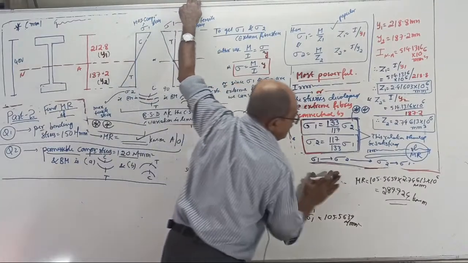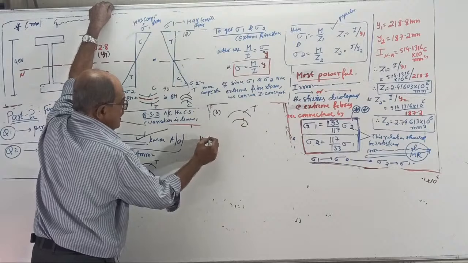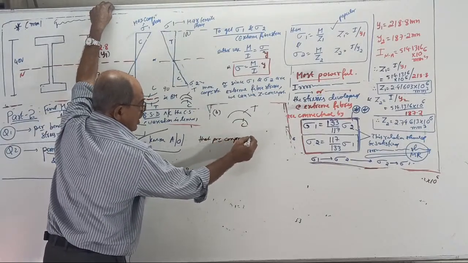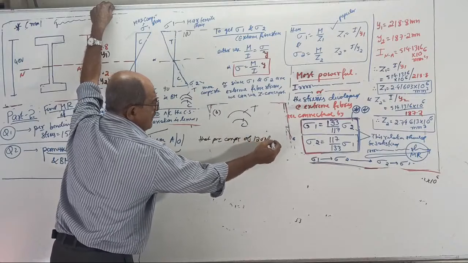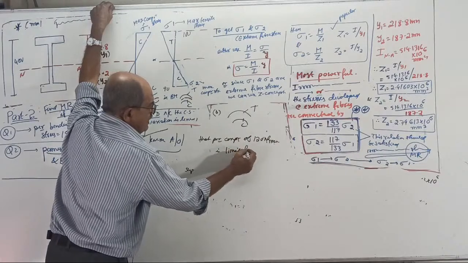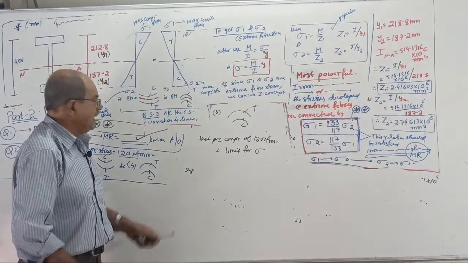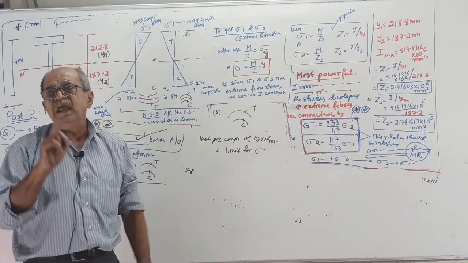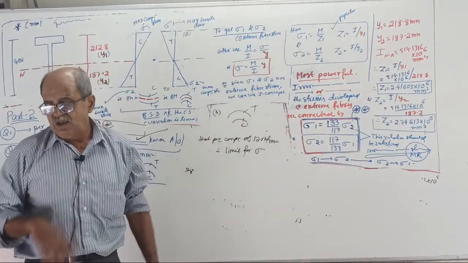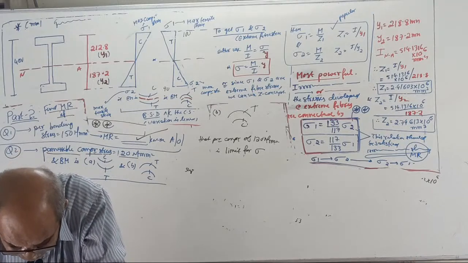Since they told hogging BM, that permissible compressive stress of 120 Newton per millimeter square is the limit for which one? Sigma 1 or sigma 2?